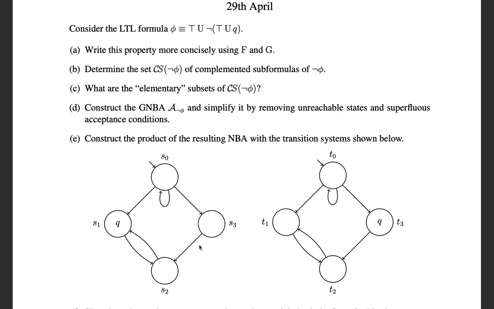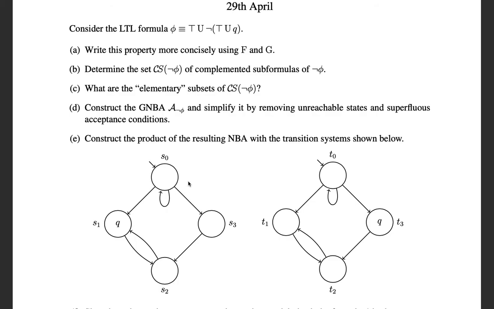So let's do that. We remember that for the product automaton, you take the transition system and you pair the states of the transition system to the states of the automaton that have the same set of atoms associated with them.